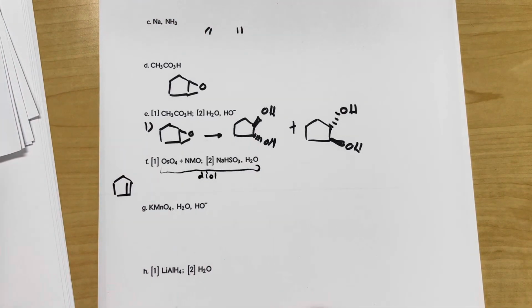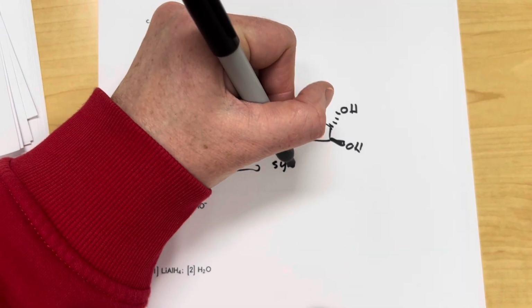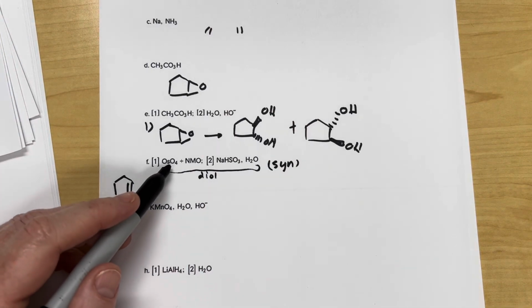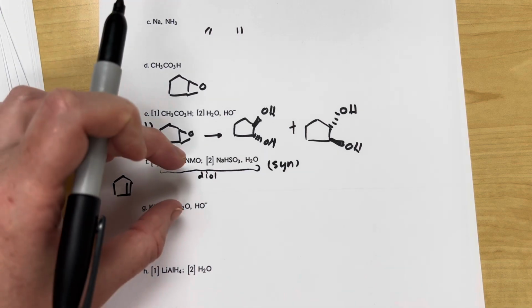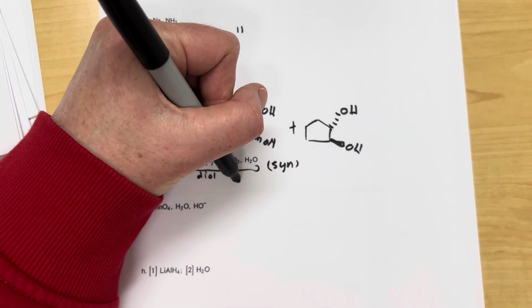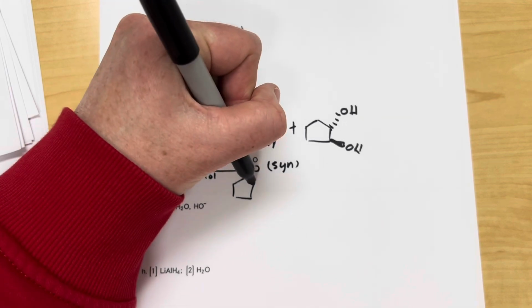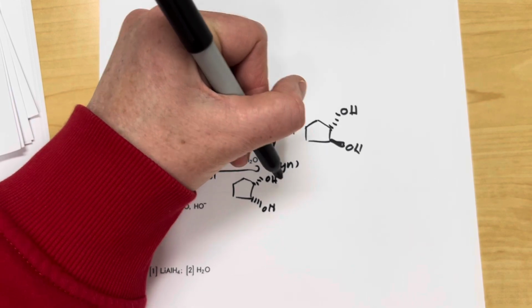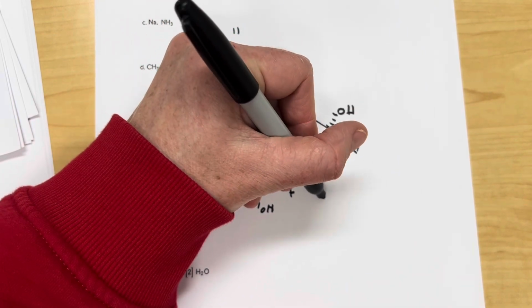So the diol that we're going to get is going to be in syn fashion though, because if you remember, the OsO4 kind of goes on there at once. The 2 oxygens kind of attach all at the same time. And so that's why you'll get a syn fashion. Nothing's dictating whether it's going to be a wedge or a dash. So we'll do both products.